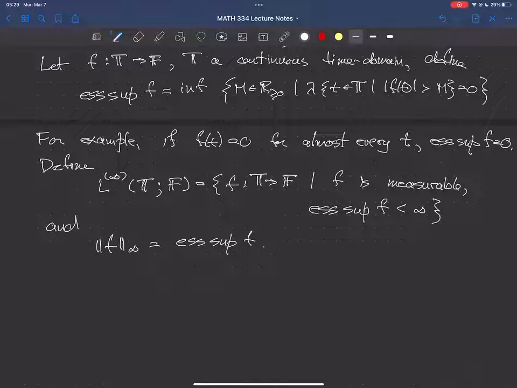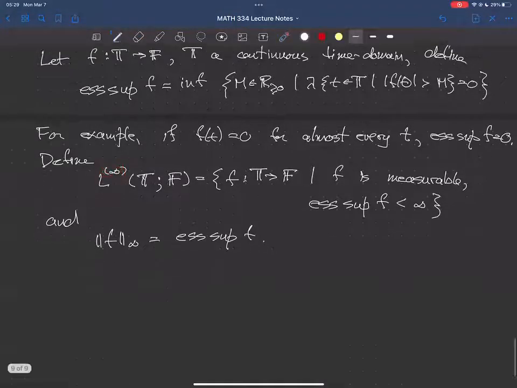I have these parentheses here that I want to get rid of.